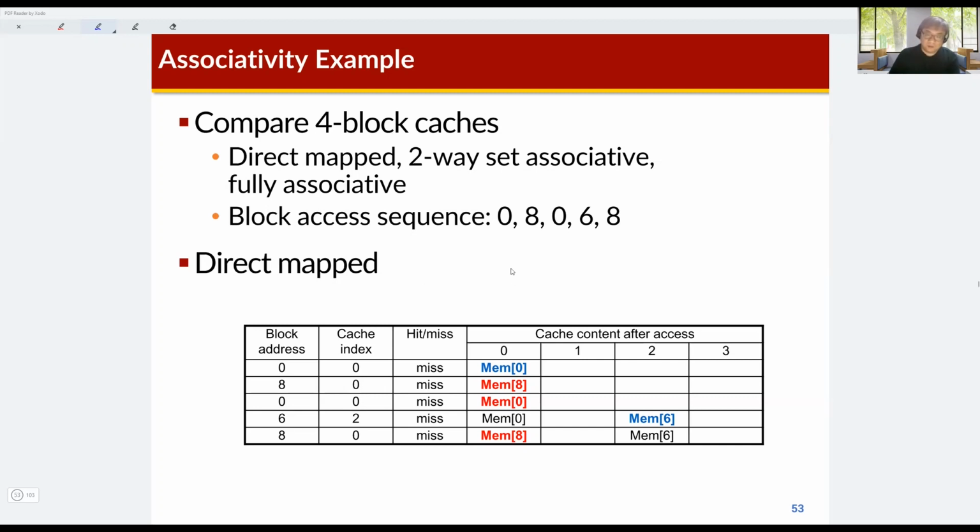And this is the block address sequence: 0, 8, 0, 6, 8. So the 4 blocks means that the cache has only 4 entries.